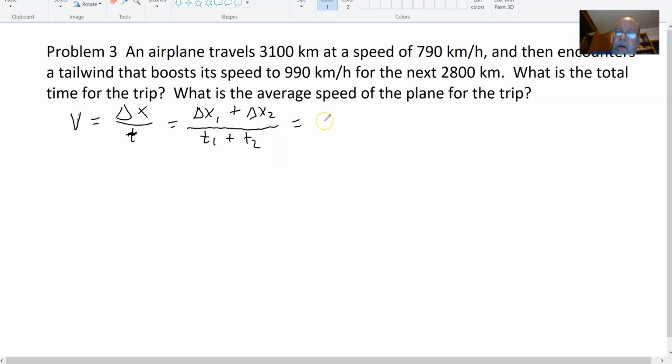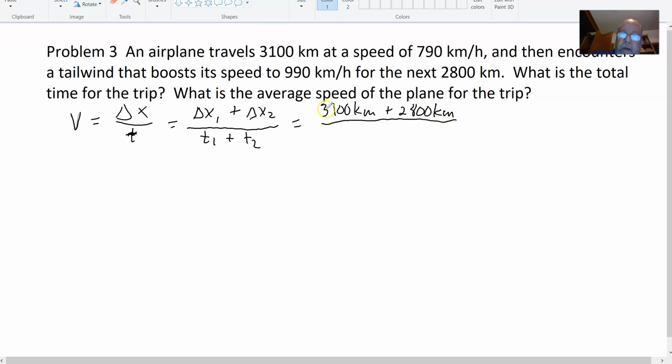Okay, and we already know delta x1 and delta x2, so let's just go ahead and write that down anyway. That's 3,100 kilometers plus, oops, not 790, my bad, 2,800 kilometers.